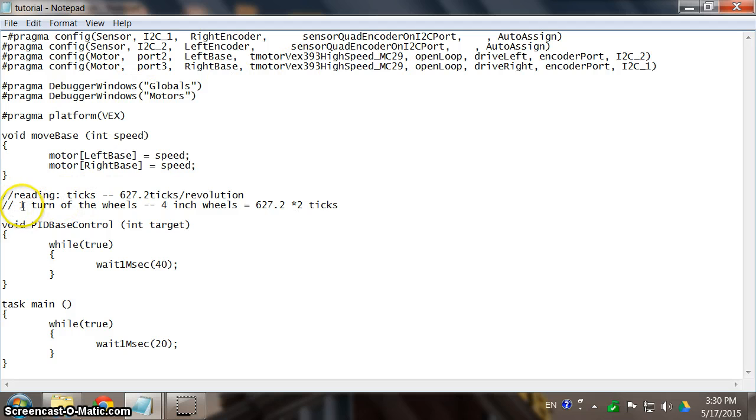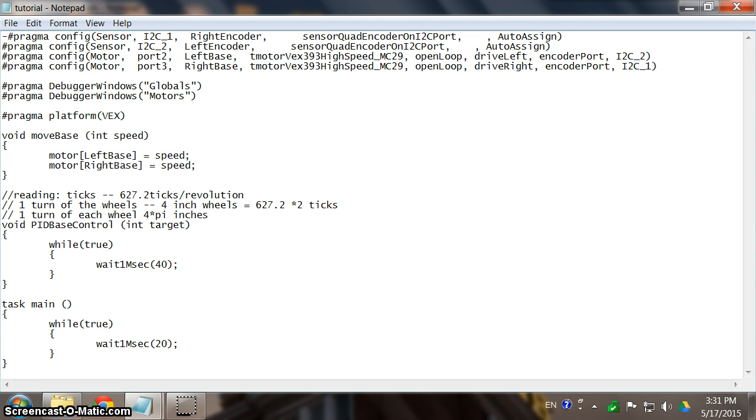So one turn of each wheel, how much ground does it cover? To do that, we need to calculate the circumference of the wheel, which is essentially the circumference of a circle with a diameter of 4, which is 4 times pi inches.